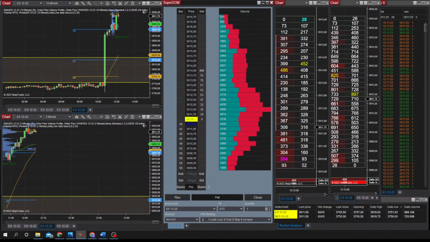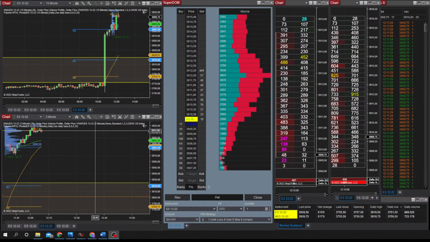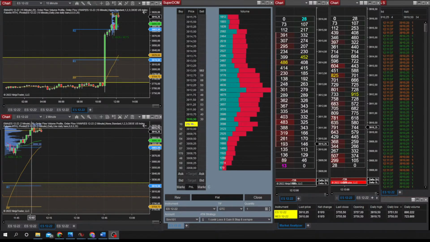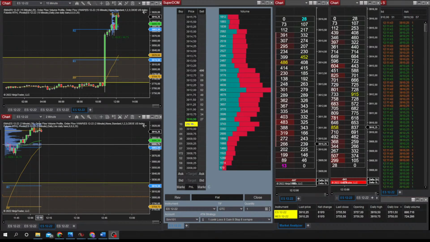Let's see again. It's trying. We have here also the 39.12. Here at the 12 is today's point of control, which confirms the relevance of the region.